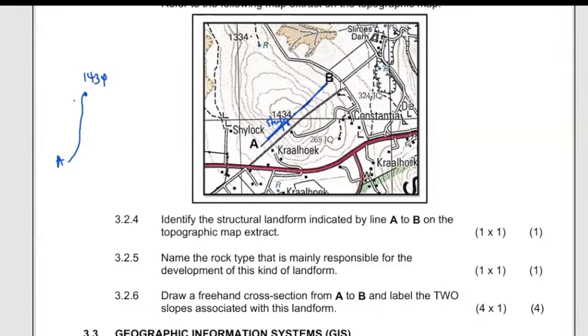Then going to B, you see that the slope is gentle because the contour lines are further apart from each other getting to B. That is the shape of this particular landscape. So what kind of a landscape is this? This is typical of inclined rock strata, which can be a cuesta. Or we can basically say it's a homoclinal ridge.